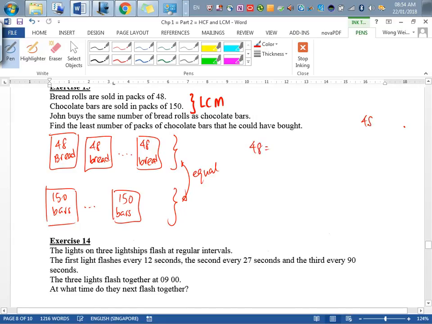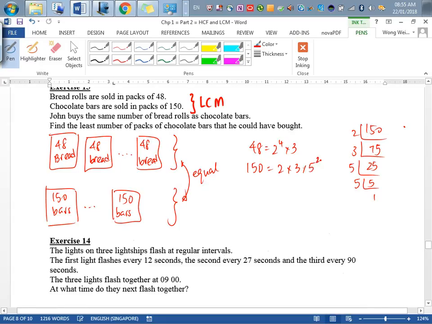Let us find the LCM of these two numbers now. 48 is equal to 2 to the power of 4 times 3. You don't have to erase this off, but I need some space. 150 will be equal to 2 times 3 times 5 square.